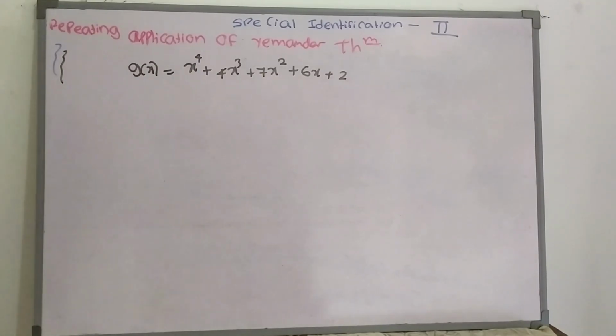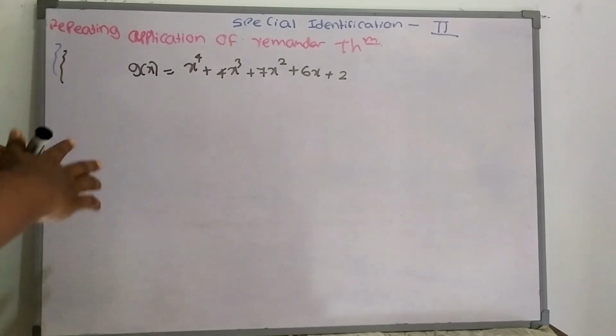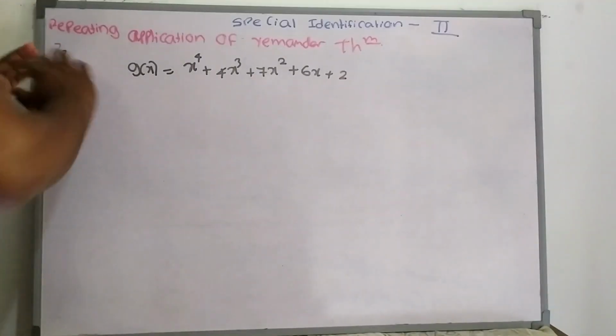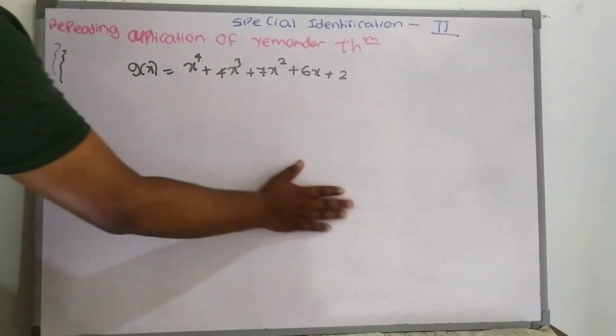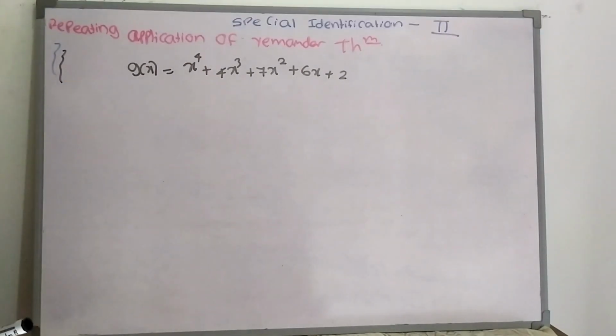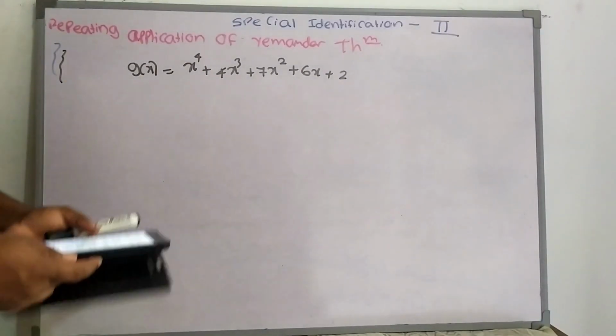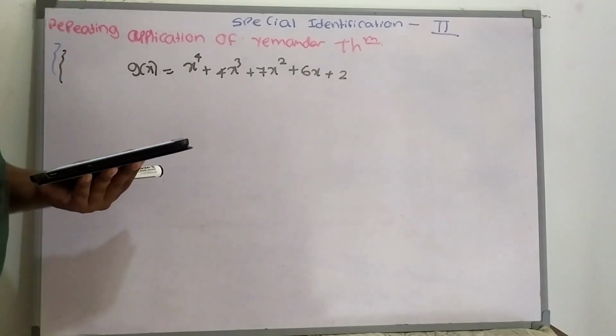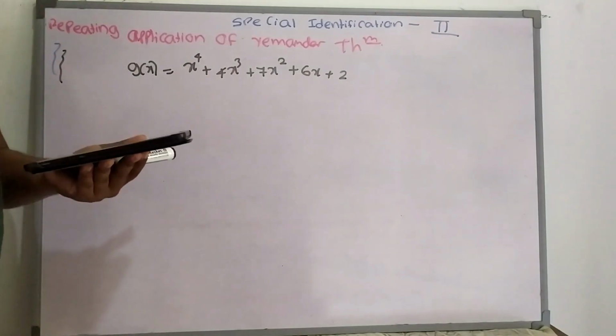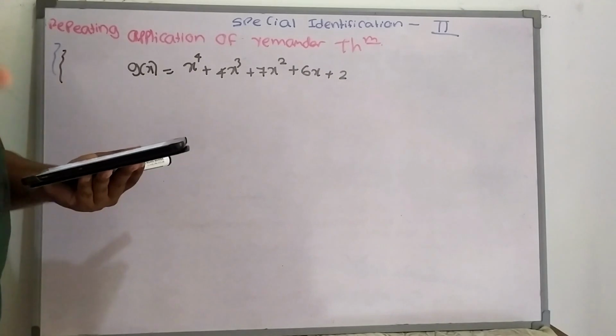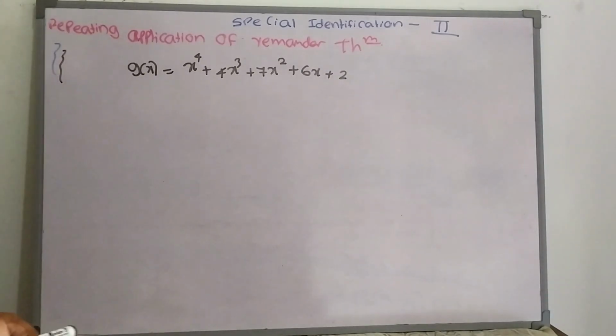So using only the repeating application, you can't just divide by (x plus 1) squared and show the remainder is 0. That is not what they are asking. They are asking us to show it is a factor using the remainder theorem repeatedly.